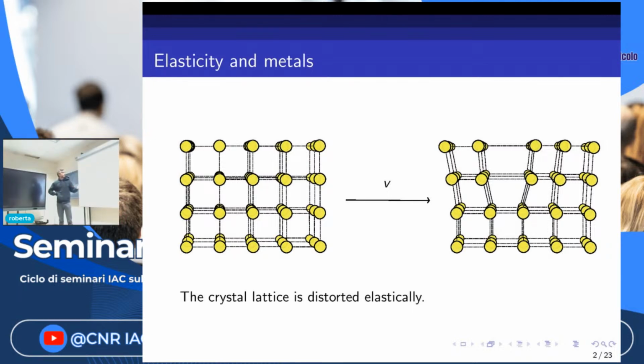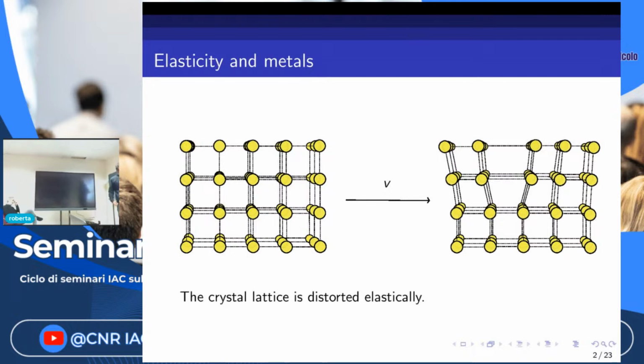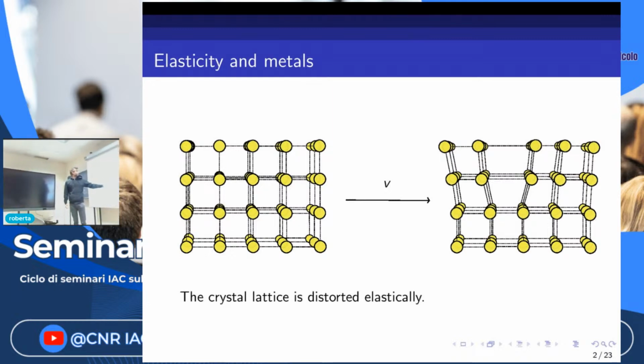An elastic deformation is something reversible, as opposed to plastic deformation, which is something that cannot be undone. It doesn't really change the topology of the lattice if applied to a metal. It just stretches the atomic bonds, so it can be undone when the load is taken away. The crystal lattice is distorted elastically, and this is why there is some elastic energy stored in the crystal.